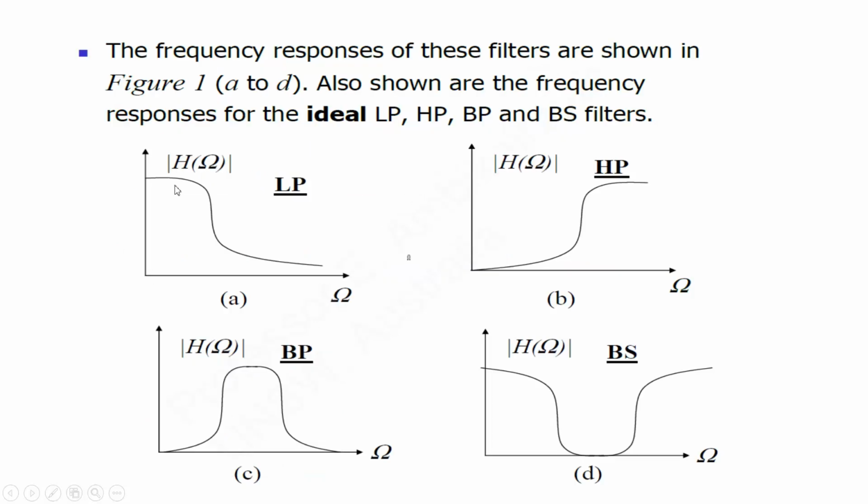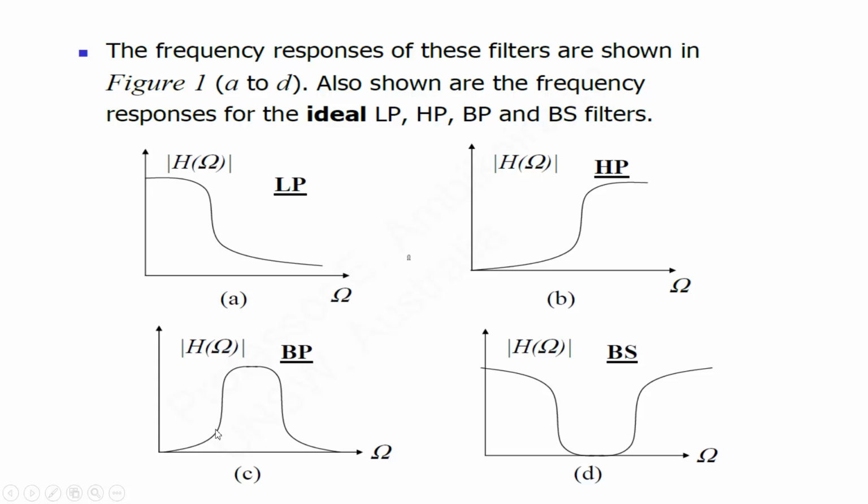The first diagram shows the frequency response of the low pass filter, meaning low frequencies will be passed through the filter and high frequencies will be blocked. In the high pass filter, the high frequencies will be passed, whereas the low frequencies will be blocked.